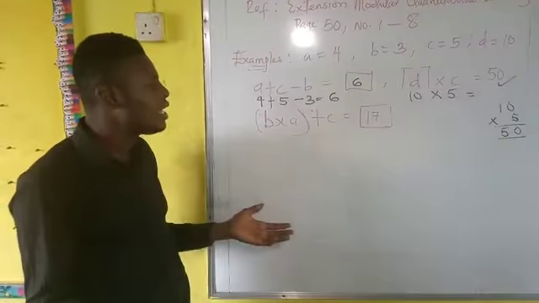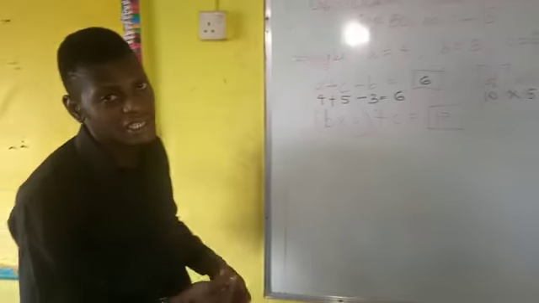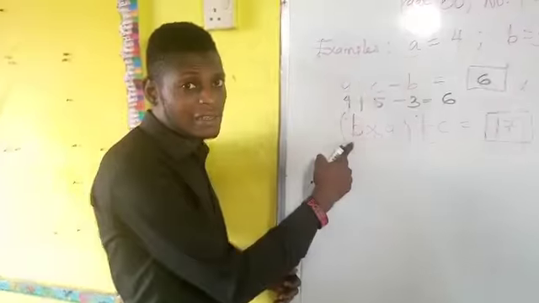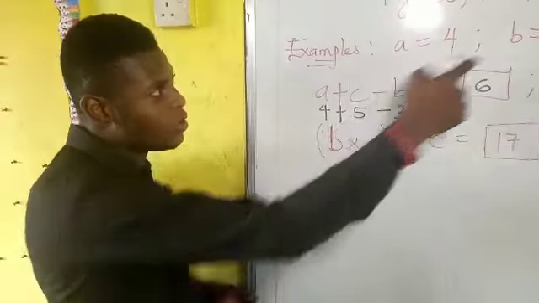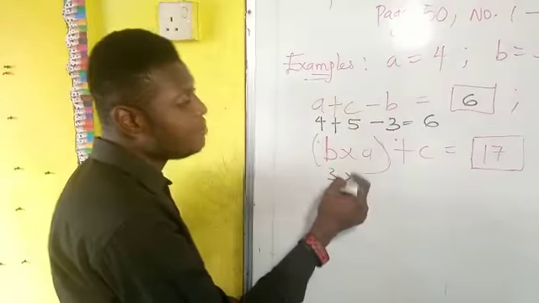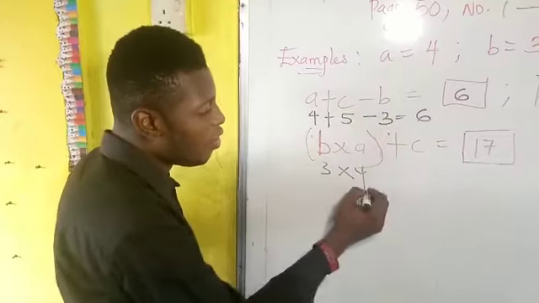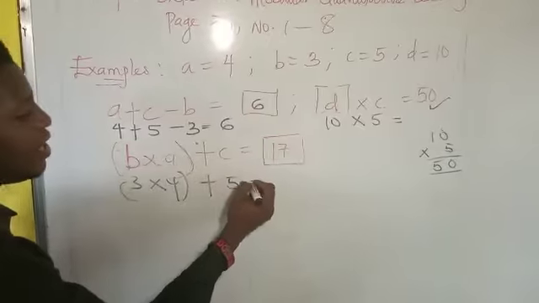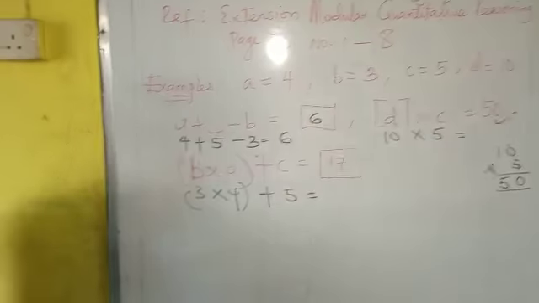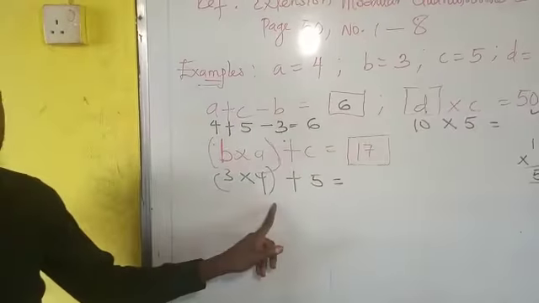So let's find out how do I get 17? Very easy. Analyze it like we've been doing with the other examples. So B equals 3, A equals 4, C equals 5. Now let's find out what this will give us. 3 times 4.